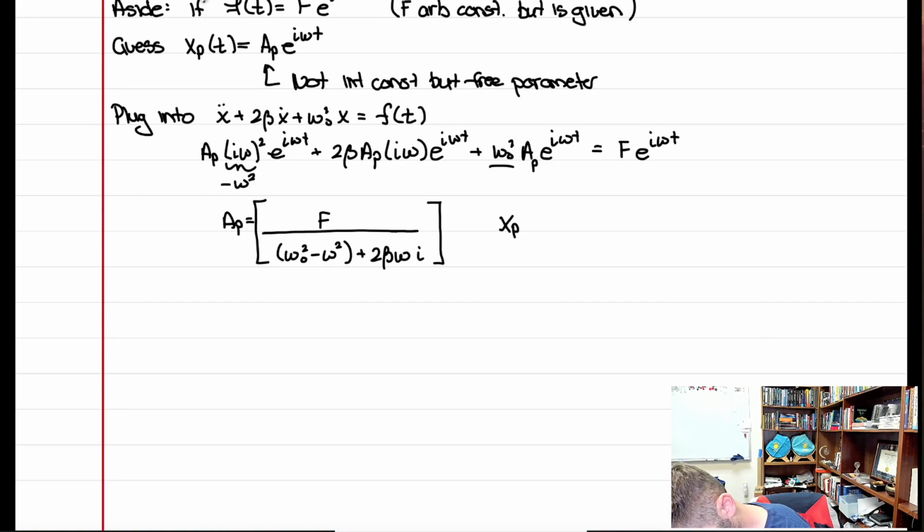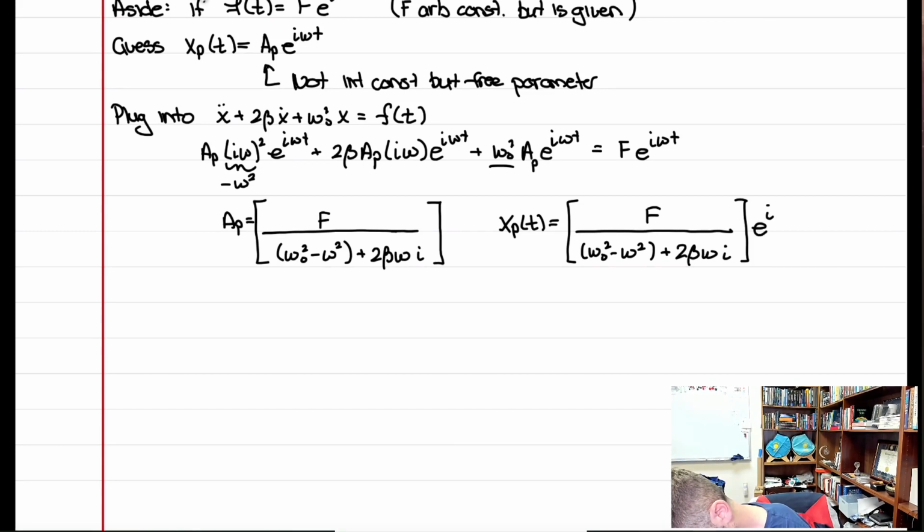So then the particular solution in this case looks like F over omega naught squared minus omega squared plus 2 beta omega times i. Notice this thing is itself a complex number, all multiplied by e to the i omega t. And that is the particular solution, right?